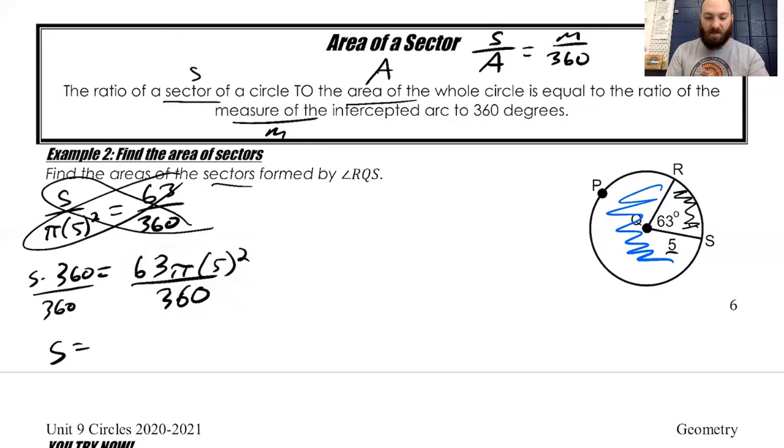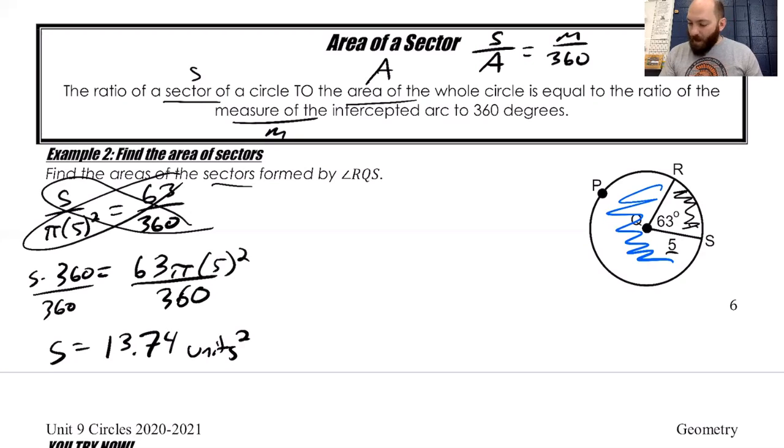I've got 63 pi and then 5 squared, and that's all divided by 360. So my sector area in this case is 13.74. And I was not given a dimension, so we're just going to say units squared.